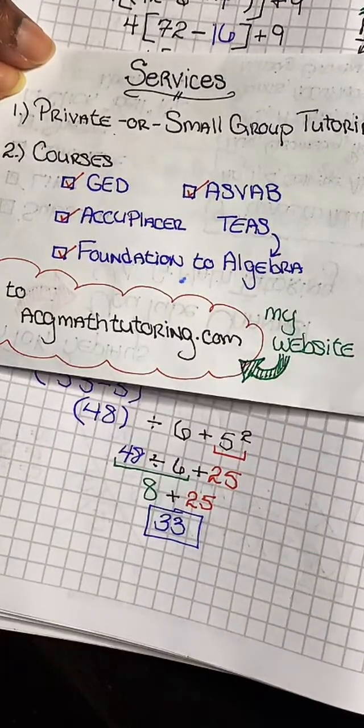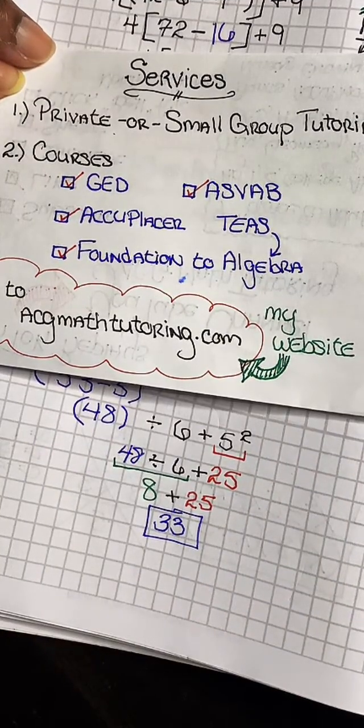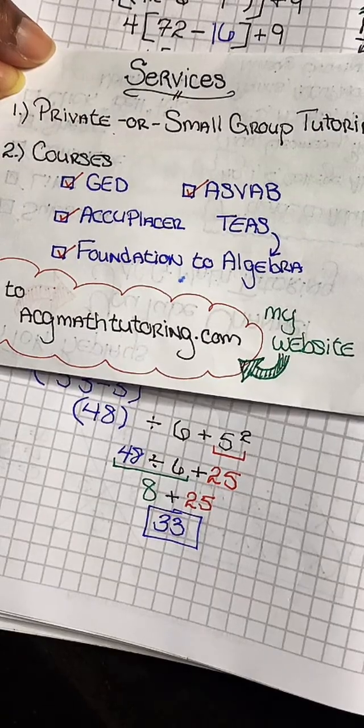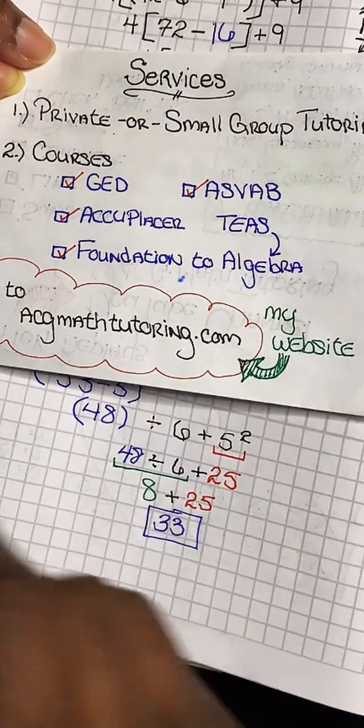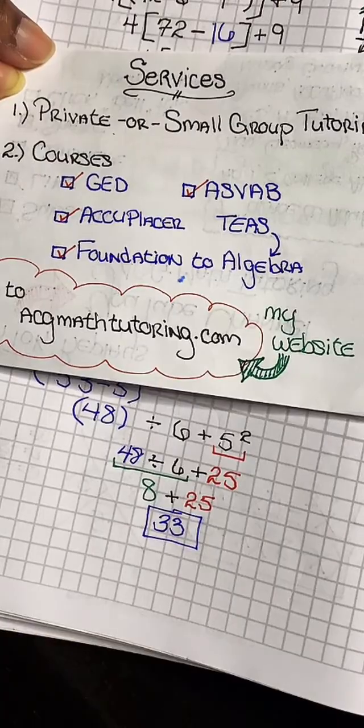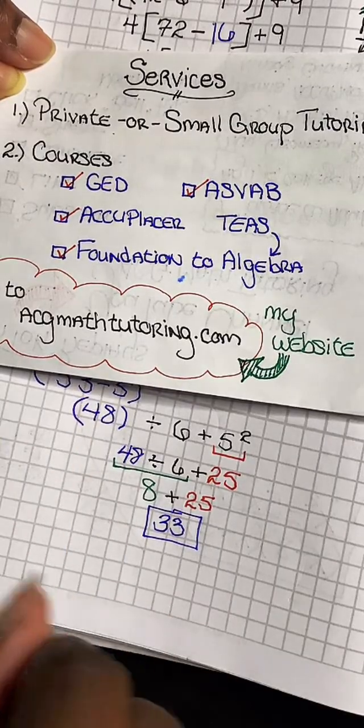Now you can always fast forward. You can always pause. If I'm about to do a practice problem, because first I do example problems, then I do additional example problems, then I do practice problems. If you pause it, you can write down the problem, try to do it yourself, and then push play and compare your answers.